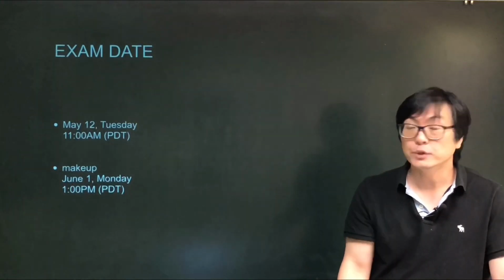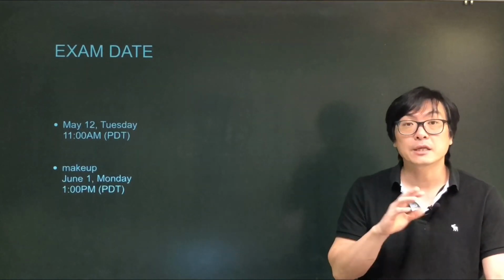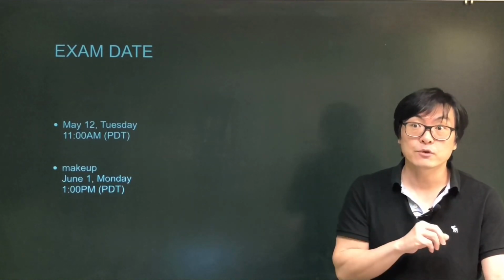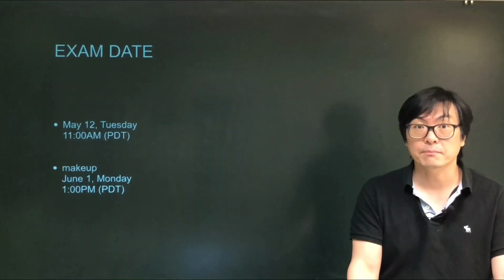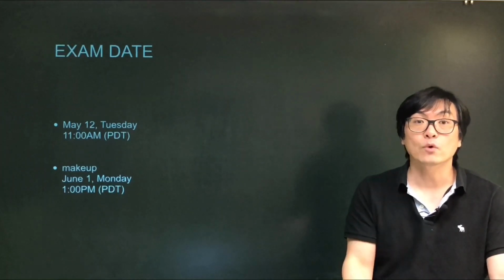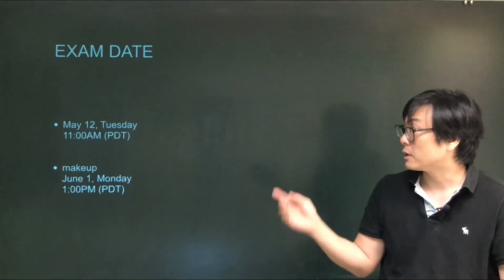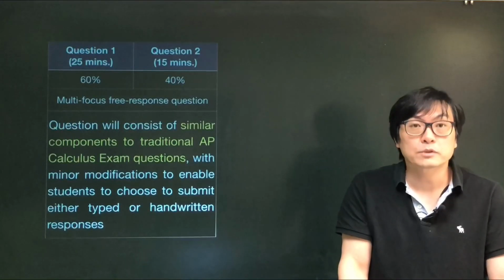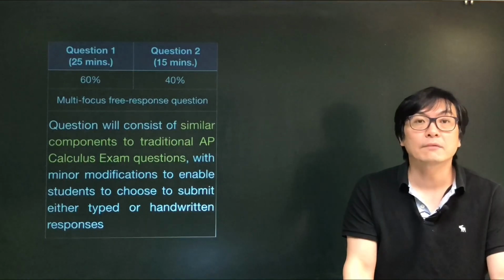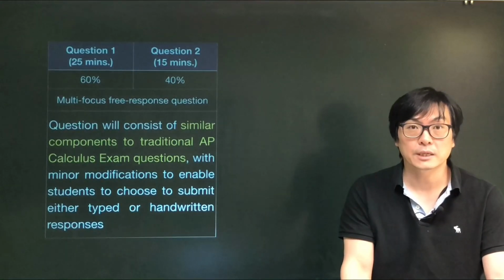During the first exam, if you have any interruption like a Wi-Fi failure or any other issues, then after the exam you can submit the makeup request form, and then you can take another makeup exam on June 1st. As most students already know, we will have only two questions this year.